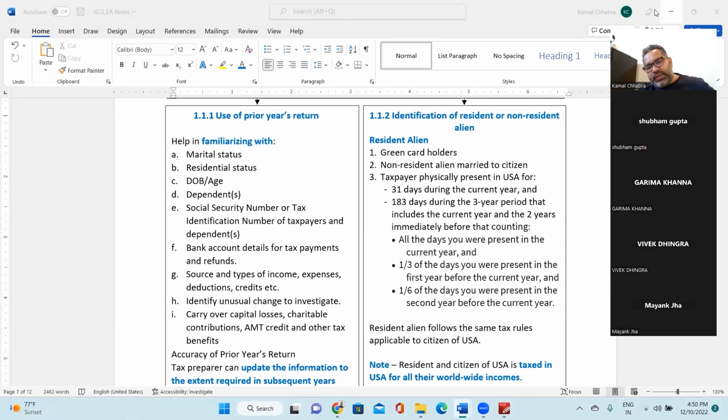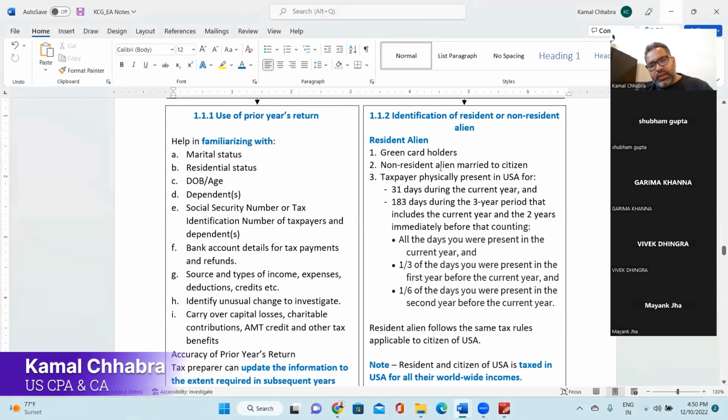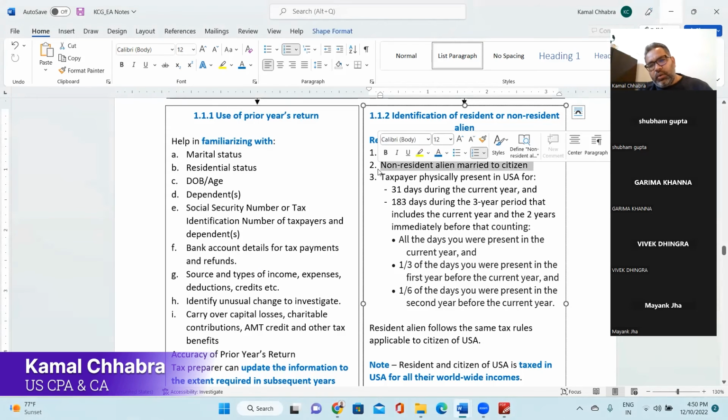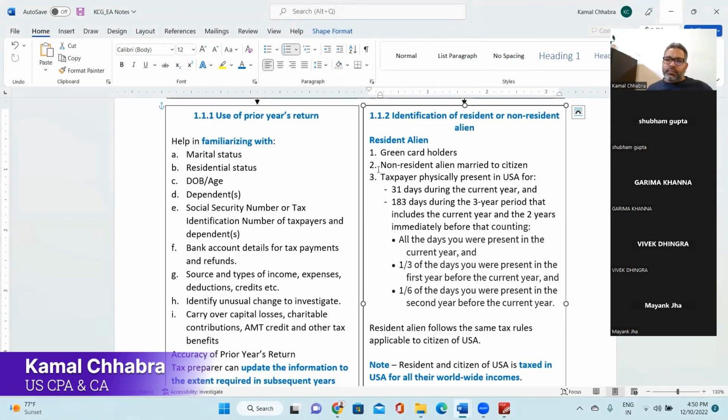Yes, it will come in the second point. So when a non-resident alien is married to a citizen, because if you are a green card holder, then you'll be a kind of citizen of the United States of America. So then your spouse will also be considered a resident.